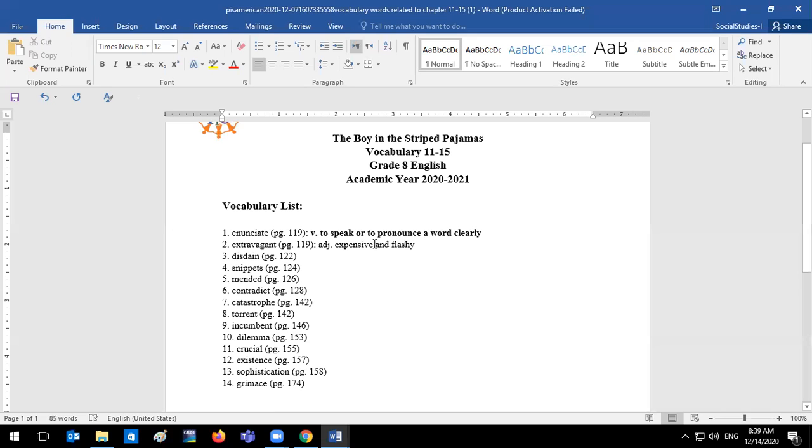For example, if you decide to have an extravagant birthday party, then you're going to have one that is very costly. You'll have the best cake, you might bring a DJ. So you're basically going overboard. You have no limitations in spending, and you're doing something that is extremely fancy and flashy.